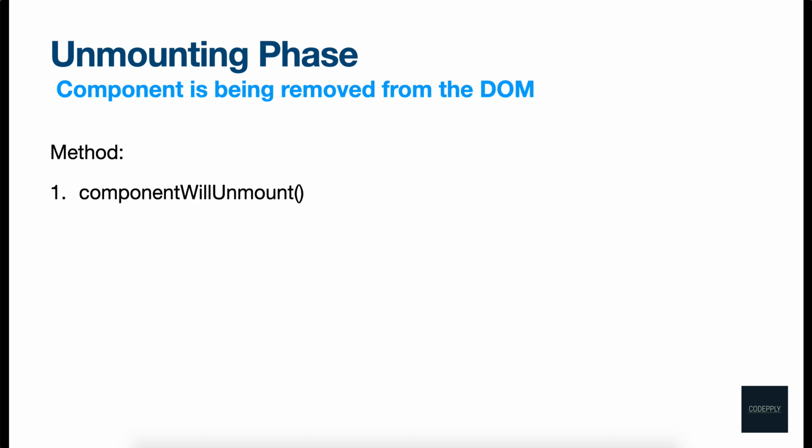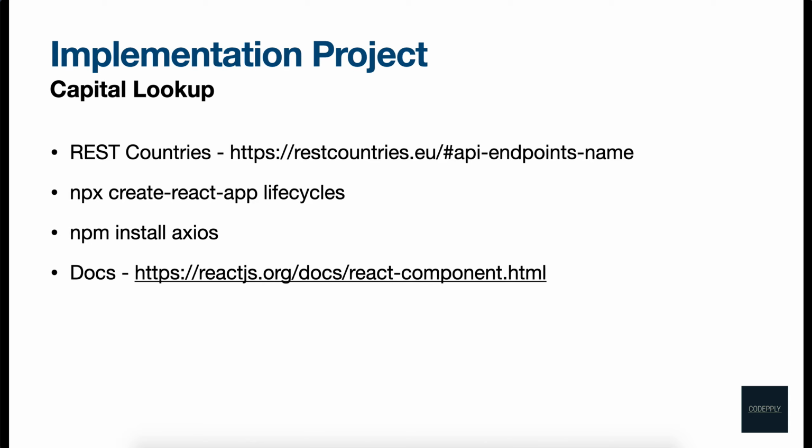This is where the component is being removed from the DOM, and that's where you can do actual cleanup for your component. That's the last phase that the component goes through. And we're going to look at the componentWillUnmount method and what the use cases for it are.